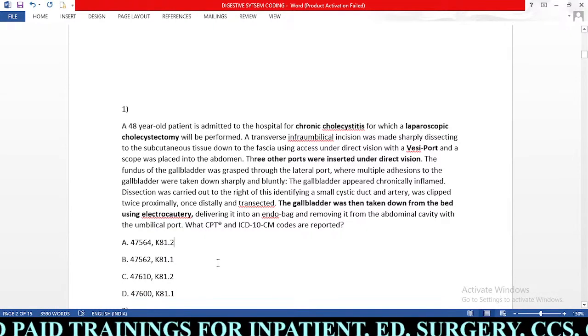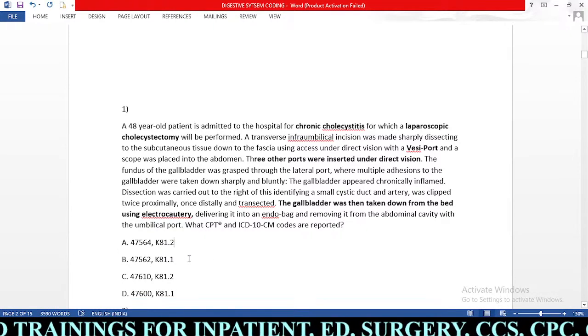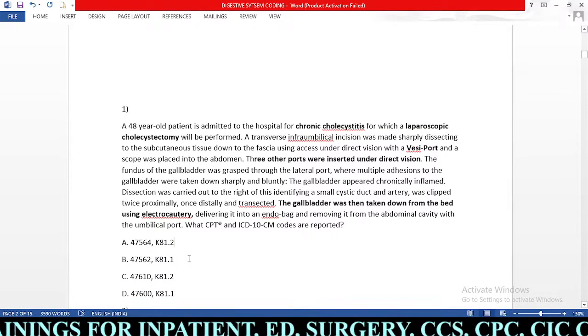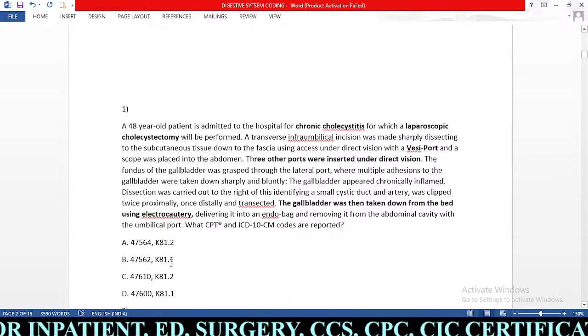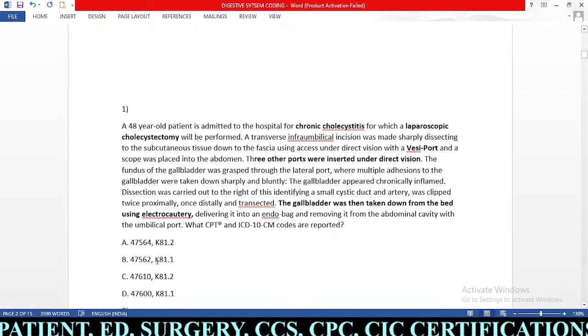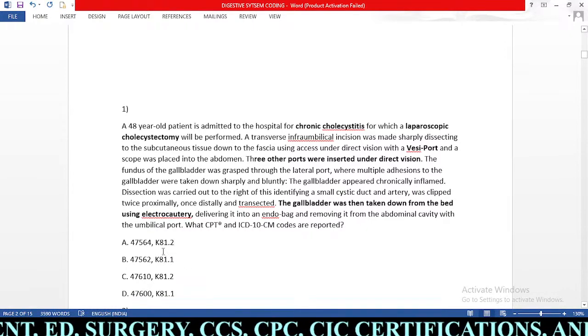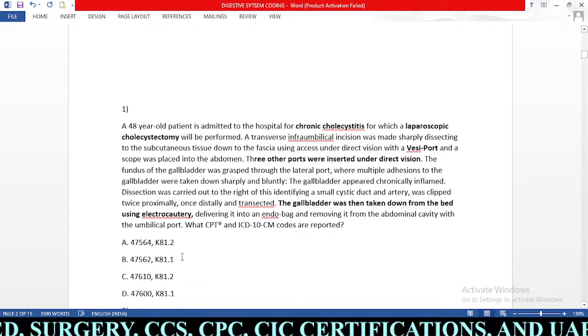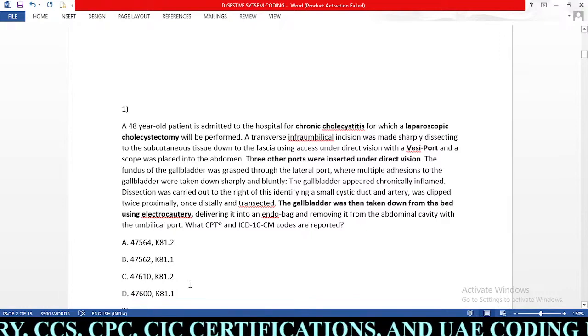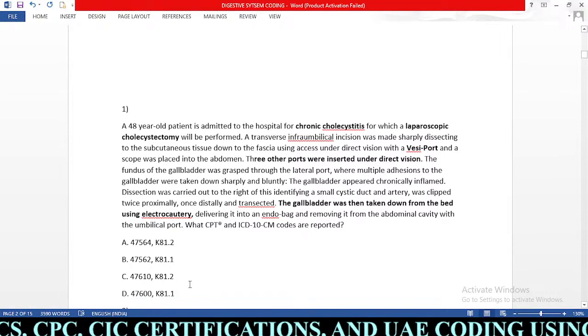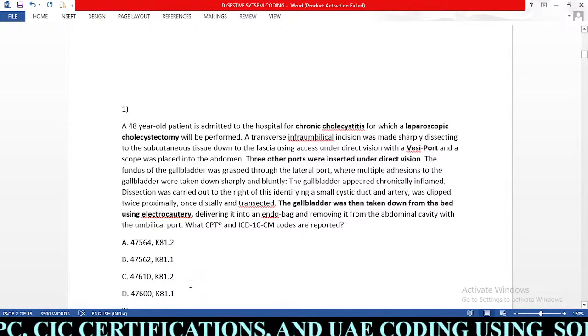Whenever you have CPT and ICD, you need to use the elimination technique. Here we have two pairs of codes. If you check K81.1 and K81.2, you can eliminate two codes here. What is K81.2? One second.